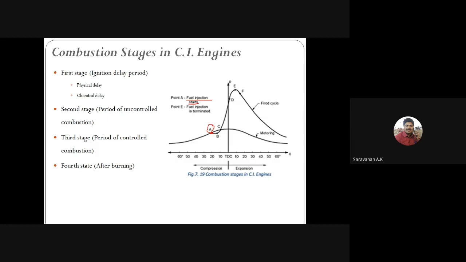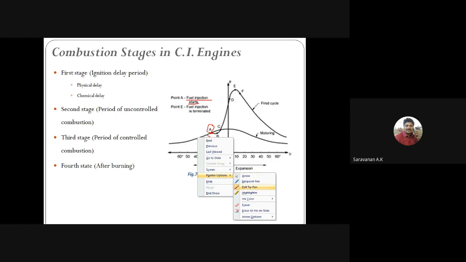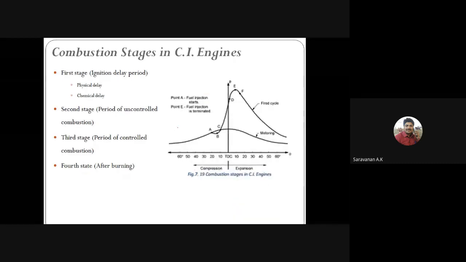This will create a slight drop in the pressure in the cylinder, and that will be represented by the curve AB. Due to the vaporization process, the fuel absorbs the latent heat from the compressed air surrounding it in the cylinder.